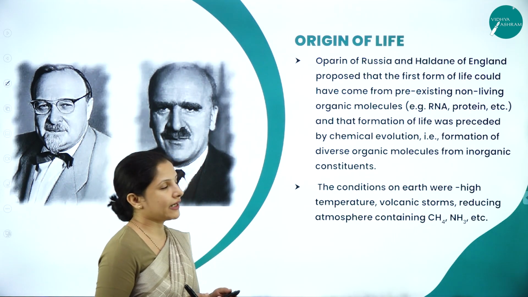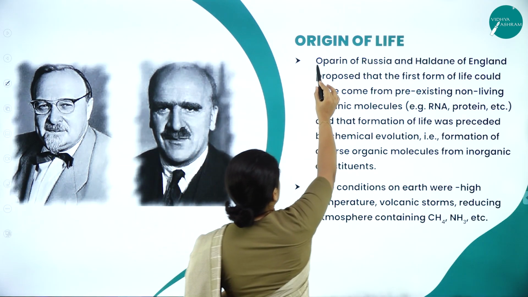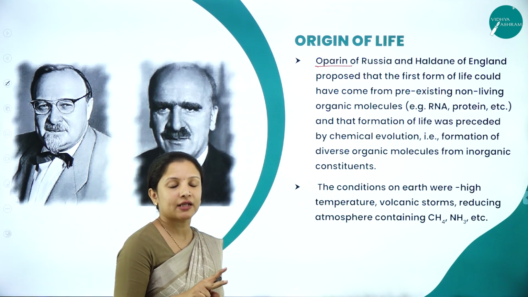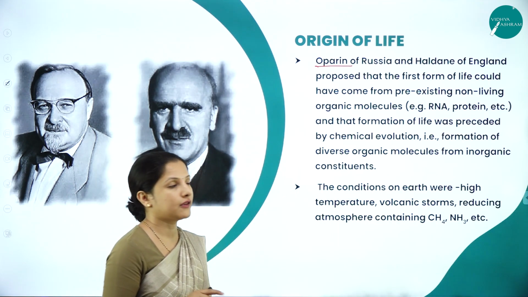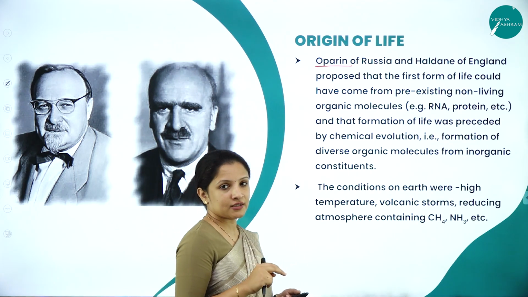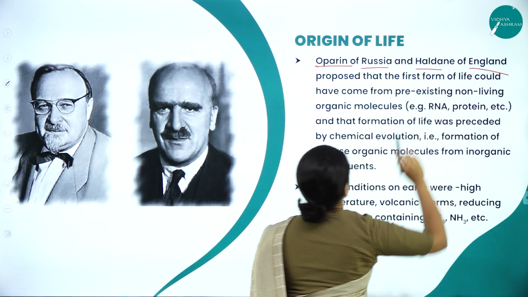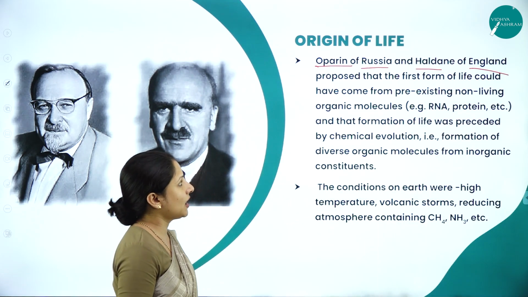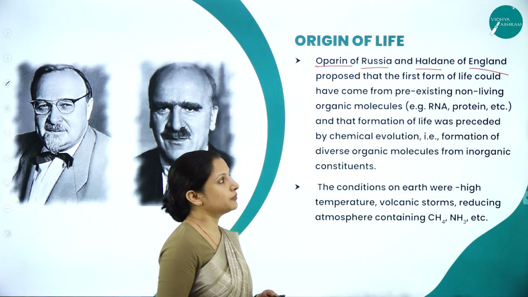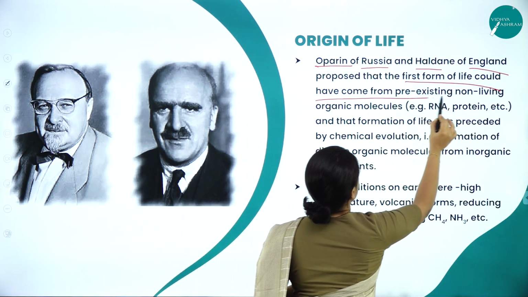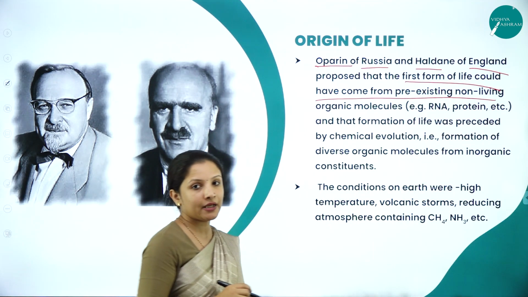And there is one more pair of scientists, Oparin and Haldane. Two scientists came together to conduct experiments to prove the origin of life on Earth. Oparin is a scientist from Russia and Haldane is a scientist from England. These two scientists conducted experiments to prove that the first form of life could have come from pre-existing non-living organic molecules.